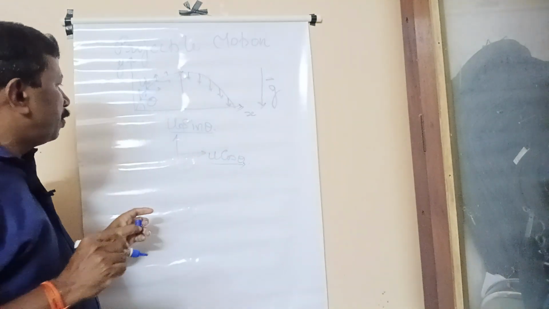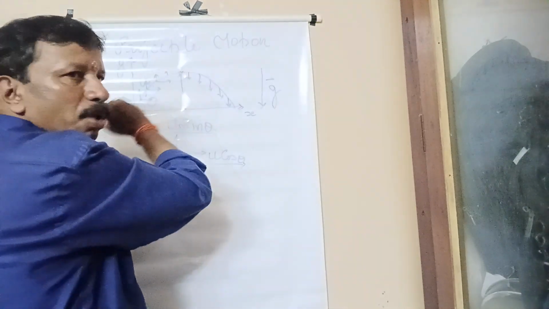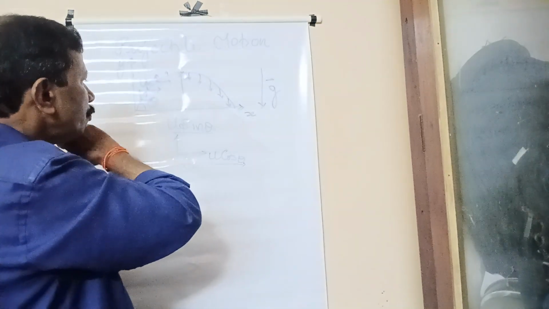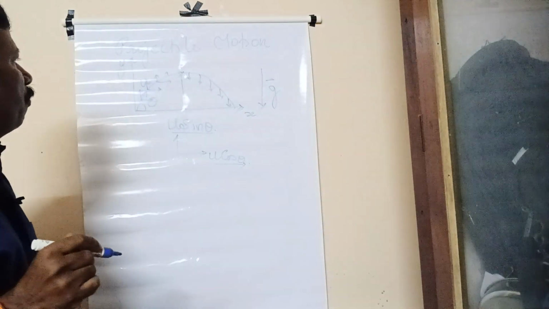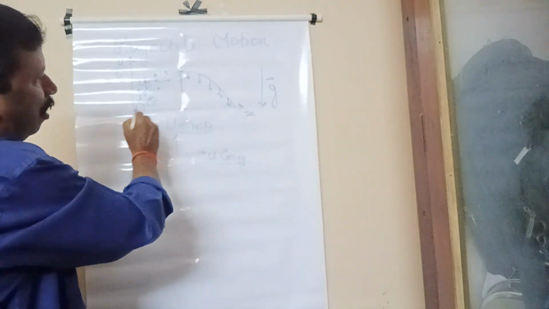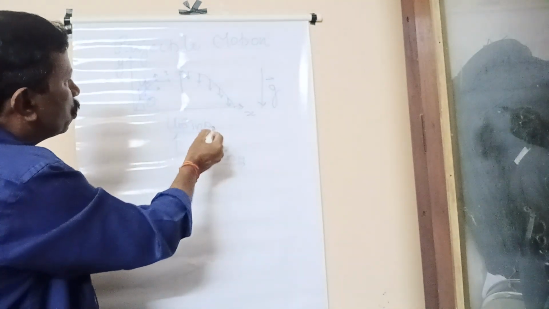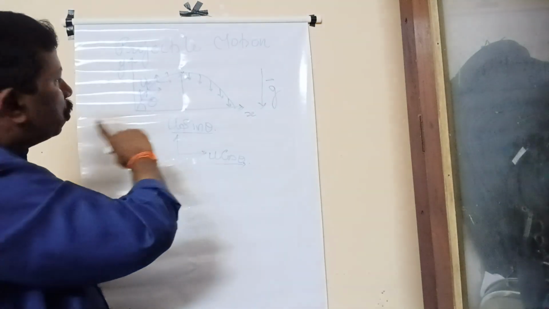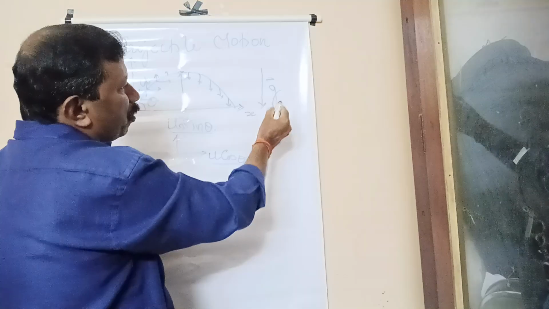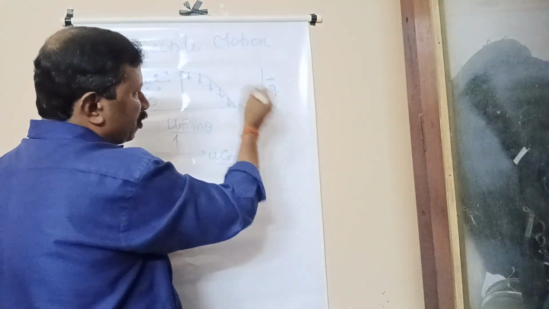Now, horizontal velocity is there and vertical velocity is there, so there will be two accelerations, horizontal acceleration and vertical acceleration. Vertical acceleration is the acceleration due to gravity, so it is minus g.